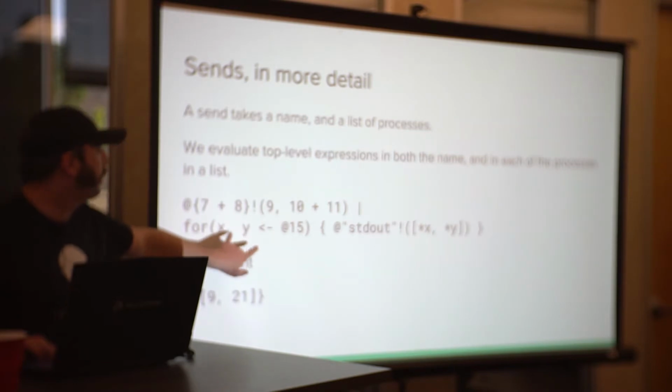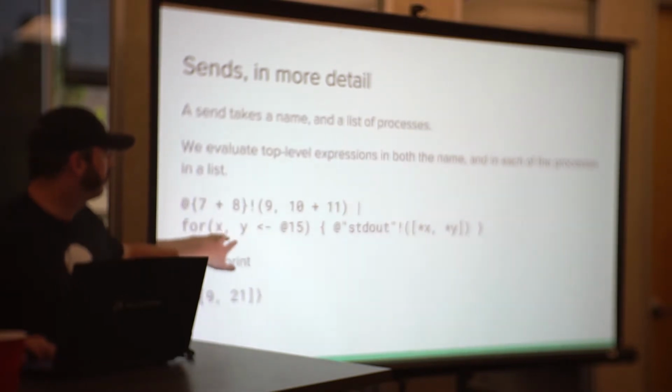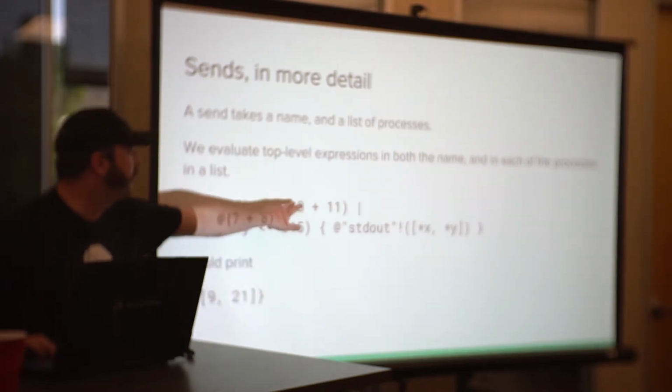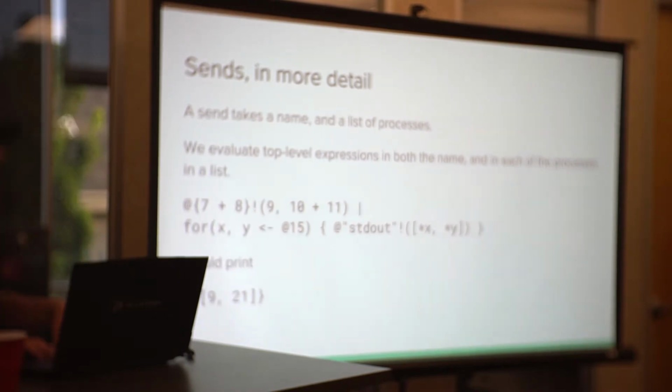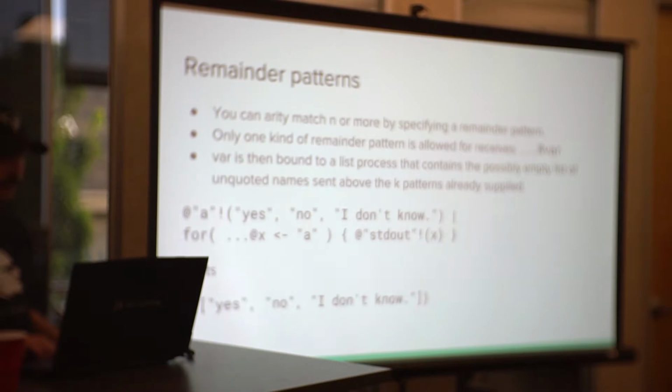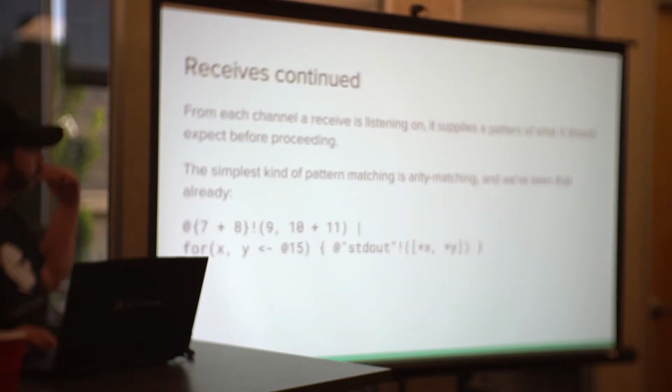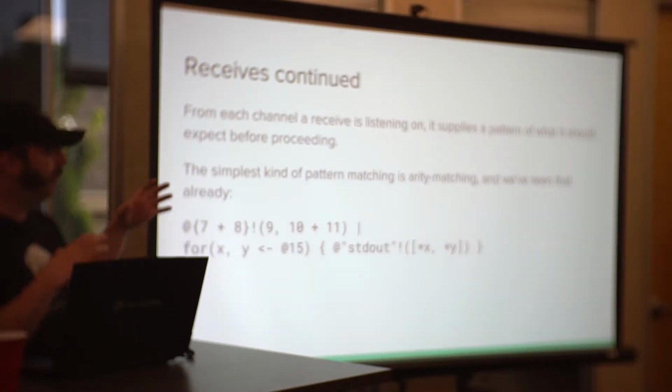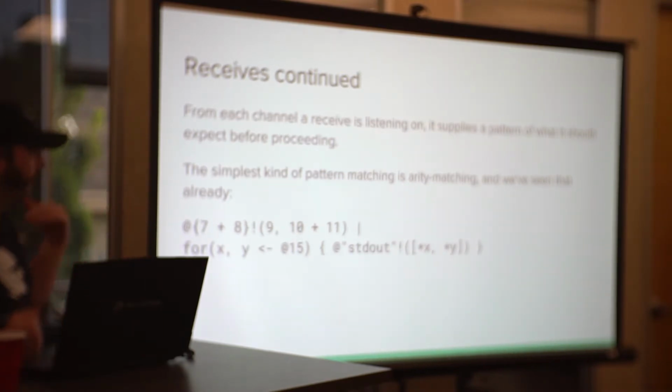And here we can get multiple variables. And the number of things that you send has to match. But in fact, it's a lot more powerful than that. We'll expand on how powerful it is as we go through.